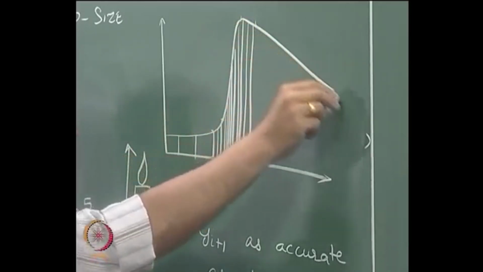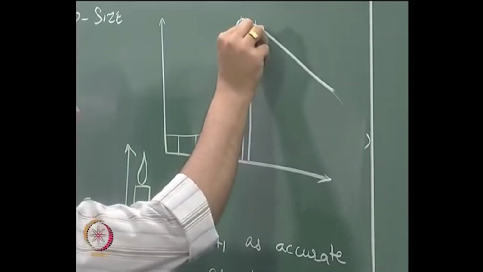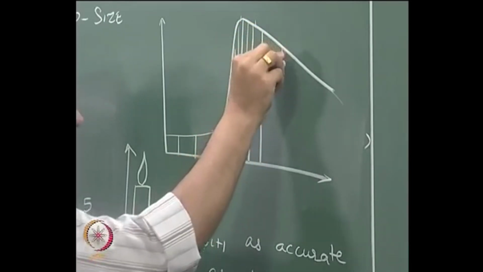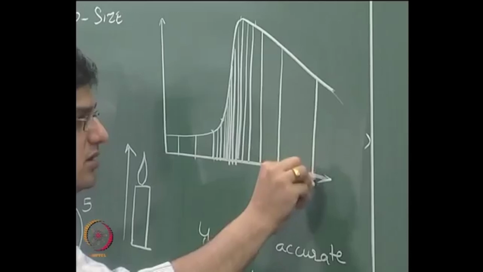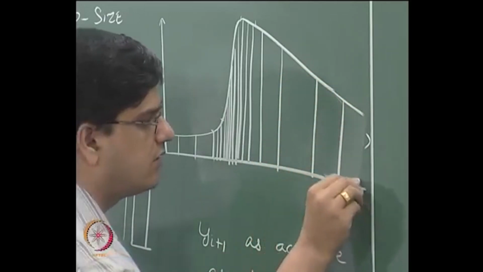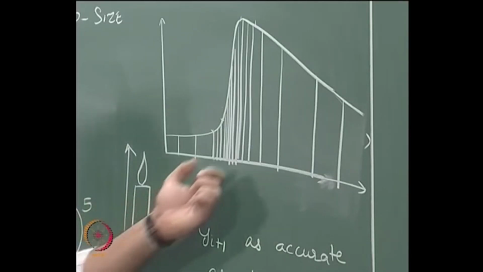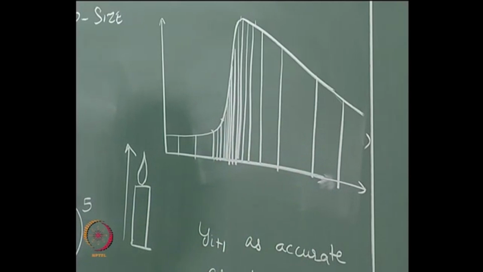Now the overall curve is tending to become smoother. Because the curve tends to become smoother, the step sizes will increase. And this is what we get if we use adaptive step sizing.